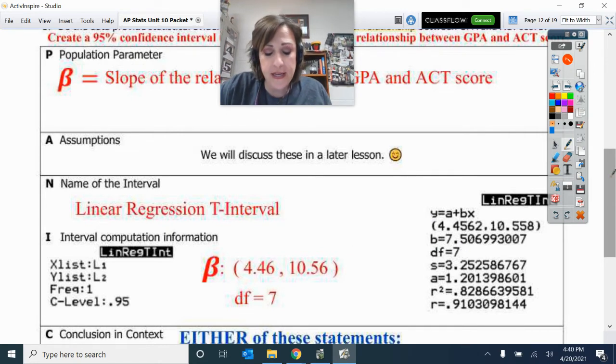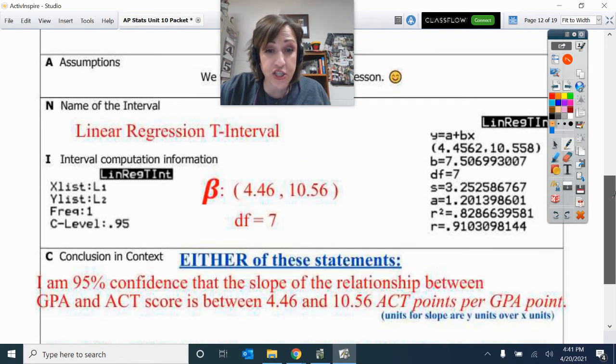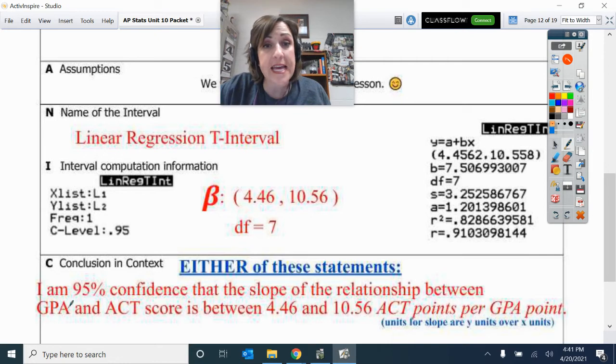All right, so now the interpretation. I am 95% confident that the slope of the relationship between GPA and ACT is between 4.46 and 10.56. Now, get these units correct. If you're going to write the conclusion like this, then get the units correct.